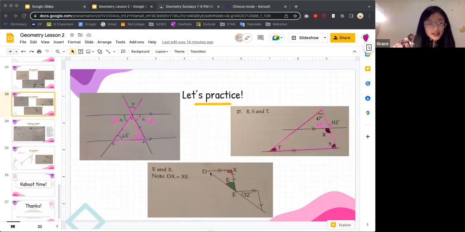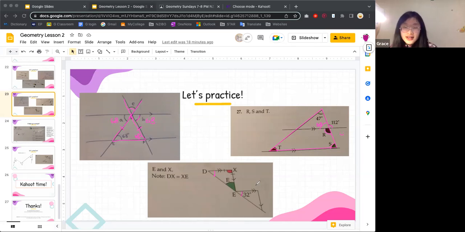Okay, so to start this question off, we can't figure out these angles straight away. So what we've got to do is just mark this out first. Geometry is a bit hard to get started on sometimes because it's not very obvious which one you need to work out first.